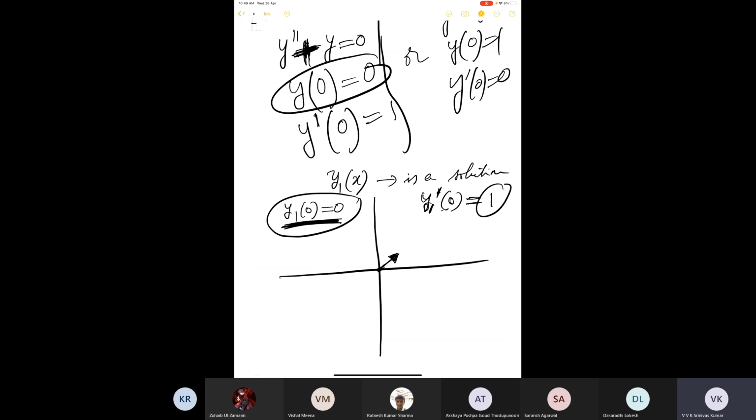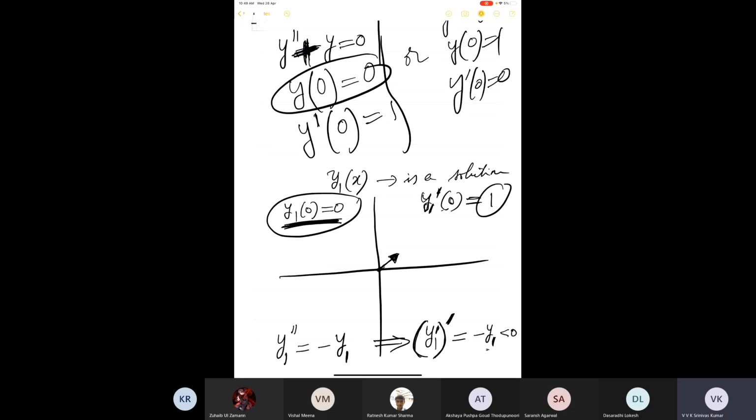And now come to the equation y double prime is equal to minus y. That means y1 double prime is minus y1. Okay. So this implies y1 dash, the slope's variation, is negative. Starting y1 at 0 is positive, so this is negative. So what happens to the behavior of the slope? Variation of the slope is decreasing.